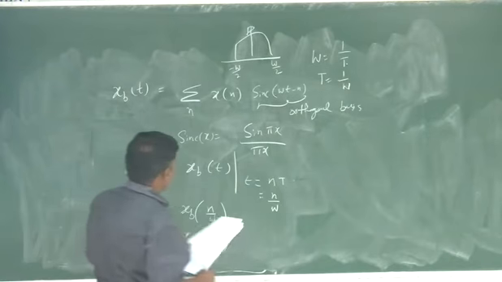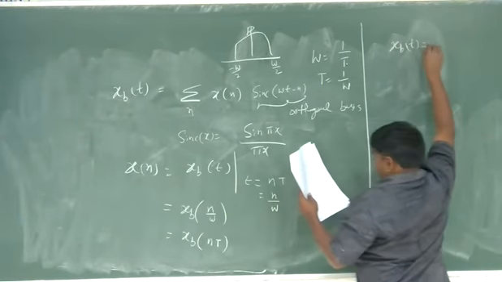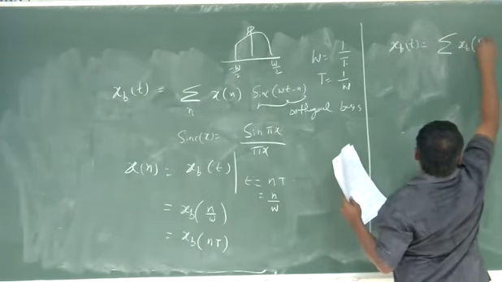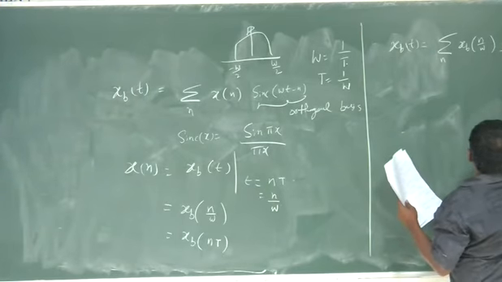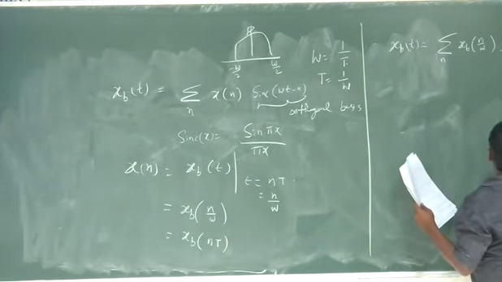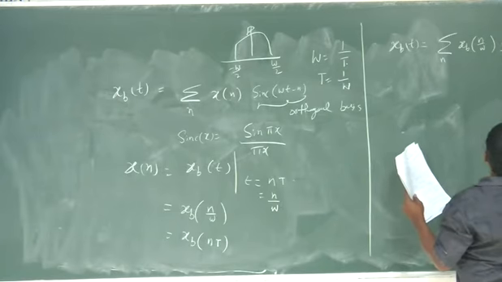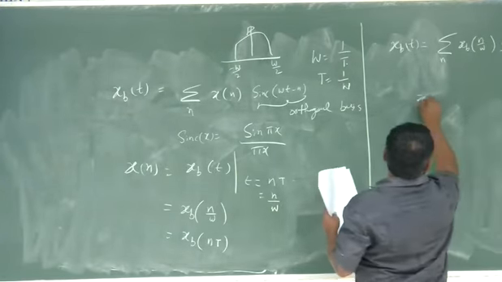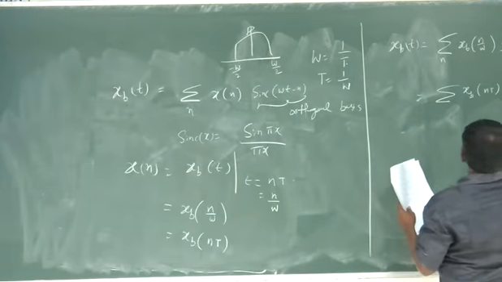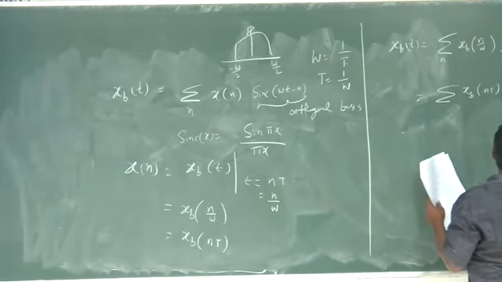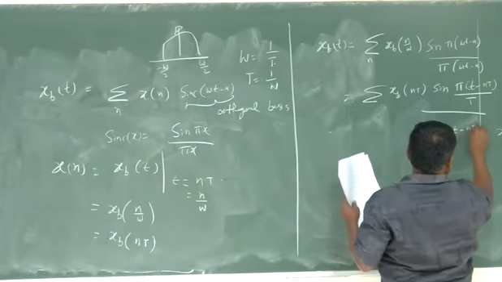So alternatively, we can write xb of t as follows.